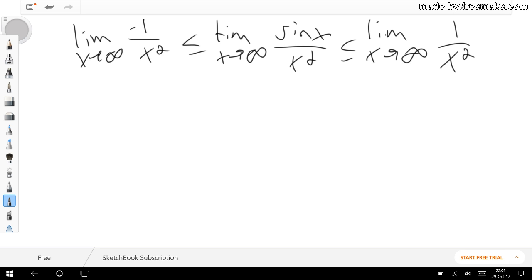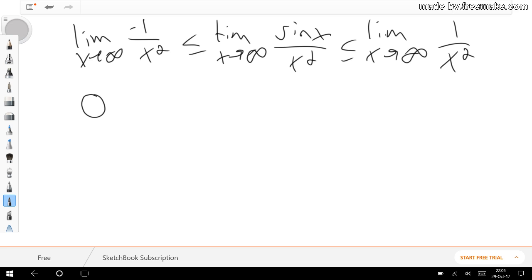All right, so let's take the limit of our lower bound. We recognize that infinity squared, our denominator, is just going to be infinity. So any value over that is just going to end up being 0, right?